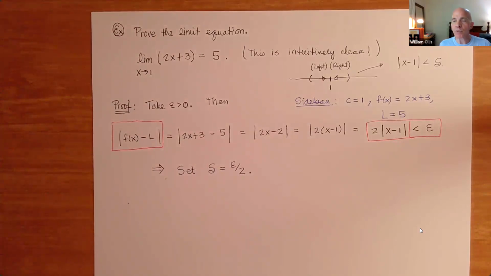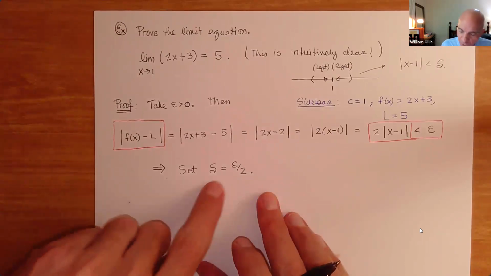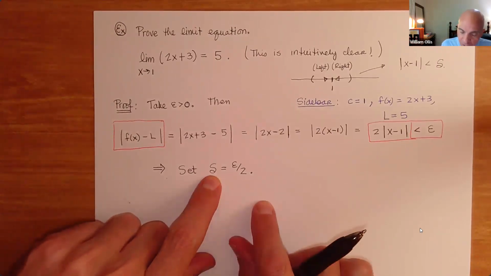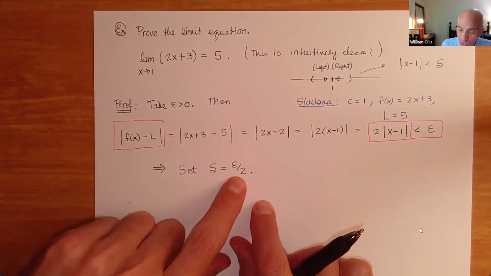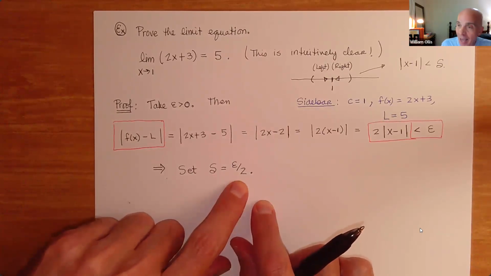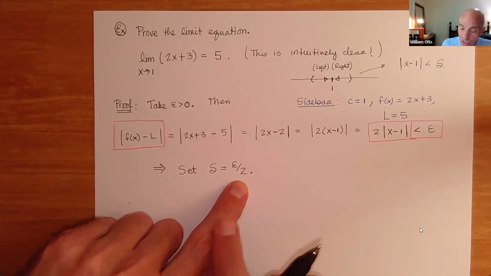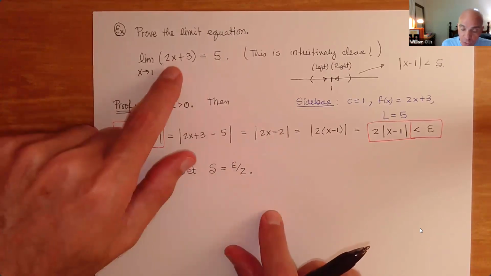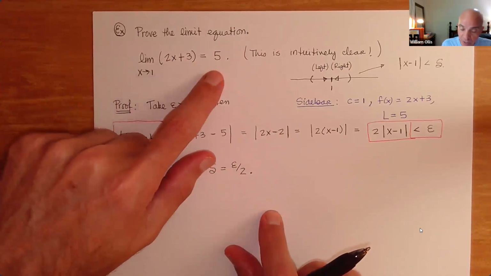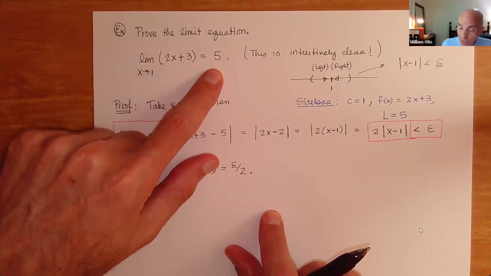When we do proofs, once we get a delta, we're happy for it. And then sometimes we may go back and show off how it works, just to flex our mathematical muscles. But at this point, you're thinking, okay, if delta is equal to epsilon over 2, then I will have x close enough to 1 so that 2x plus 3 will be within the epsilon of 5 that you've given me.